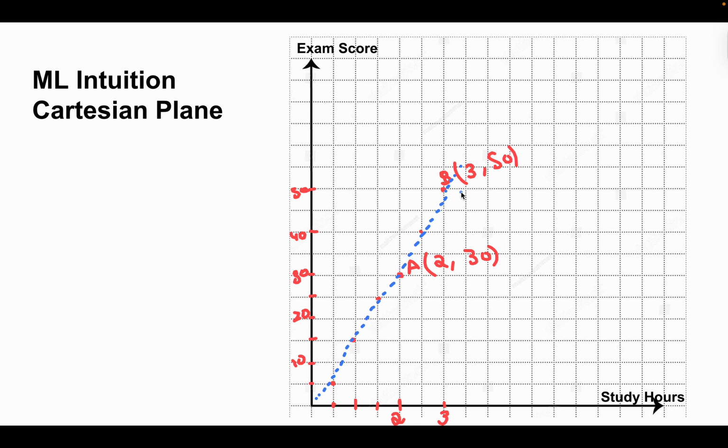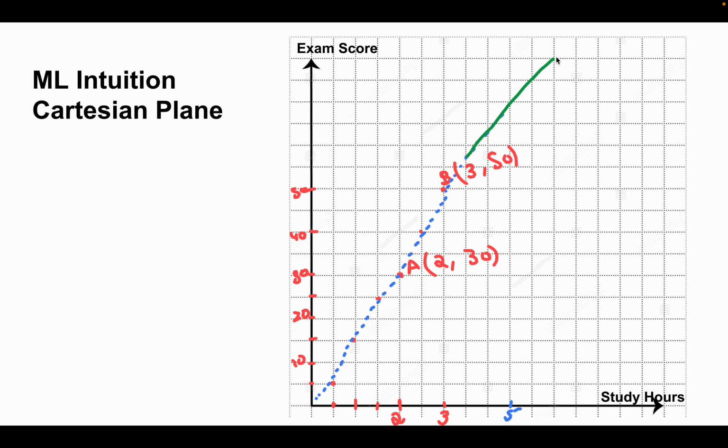This is how machine learning begins. So for example, if we ask the computer, if a student is going to study 5 hours, predict how much score he is going to make in the exam. What machine learning does is it tries to understand the underlying pattern, and let's say it is here. If I extend the line, so let me change the color.